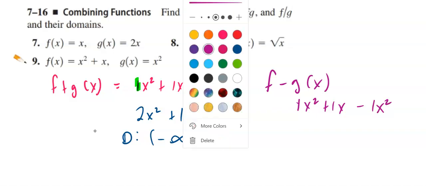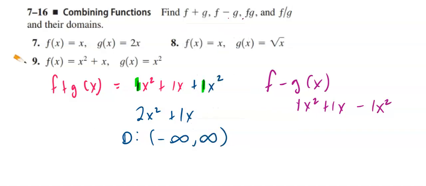Okay, so combine like terms. 1x squared minus itself goes to 0, and we're just left with 1x. All right, same thing for our domain. We're going to have a negative infinity through an infinity. All right, that's a linear function, 1x.